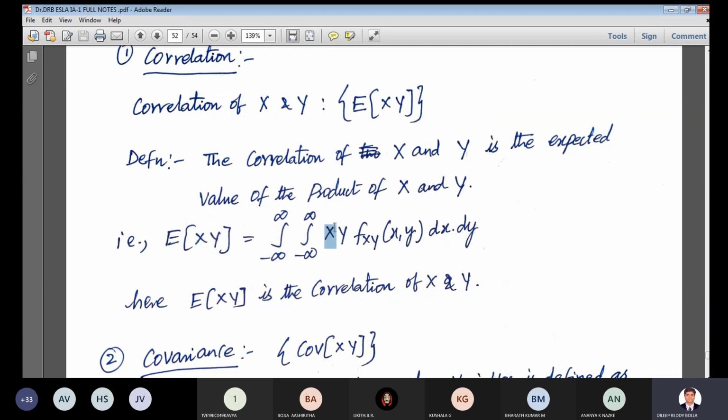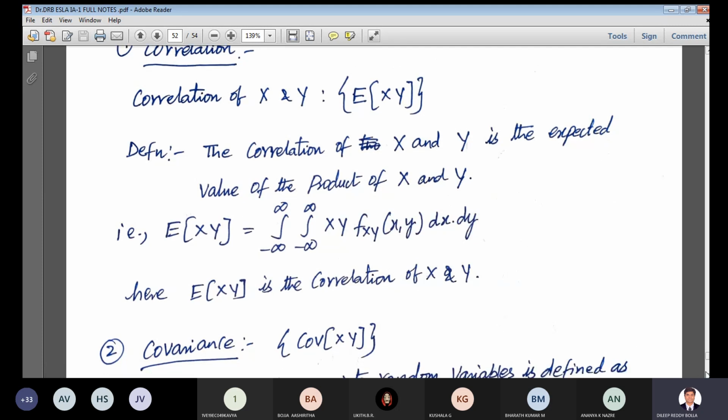So what will happen? Here the same value will come as what is there here. The rest is all known. x values go from minus infinity to infinity, y values go from minus infinity to infinity, the product of x and y we are trying to do, and the remaining part is the PDF. Okay. So this function is called the correlation function. What is the relation of x and y?